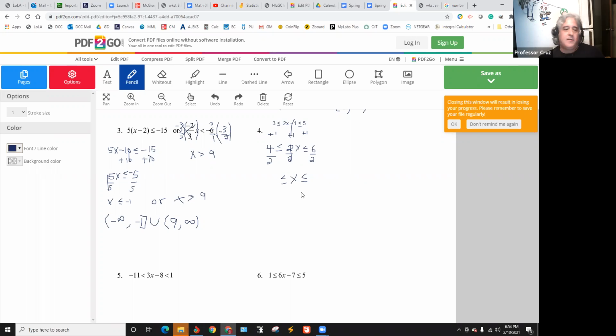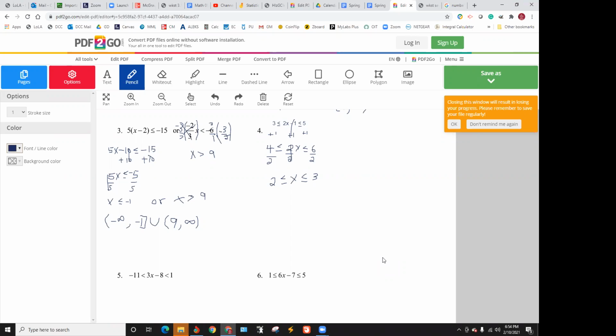So what do we got? 4 divided by 2 is... 6 divided by 2 is... Mr. Cruz, why did you put all of them divided by 2 again and not 1?